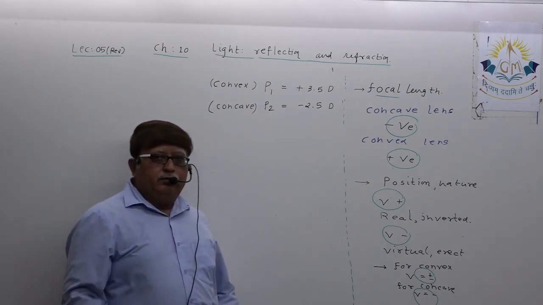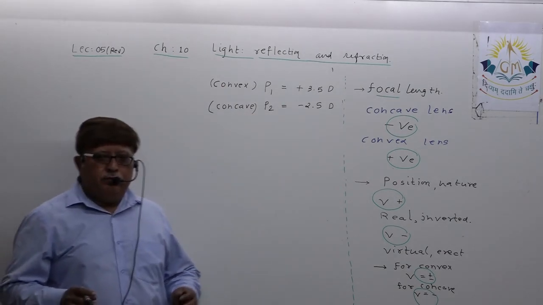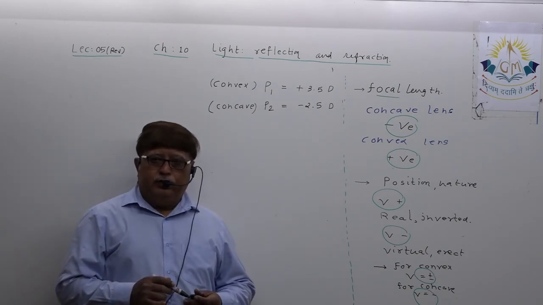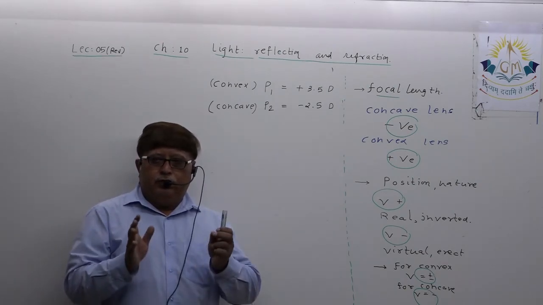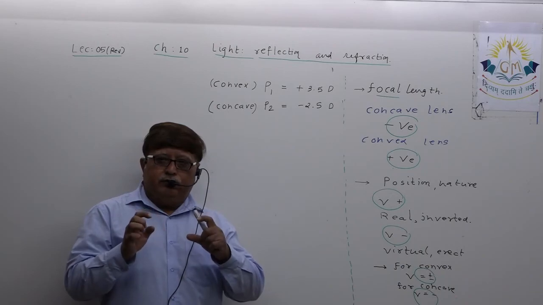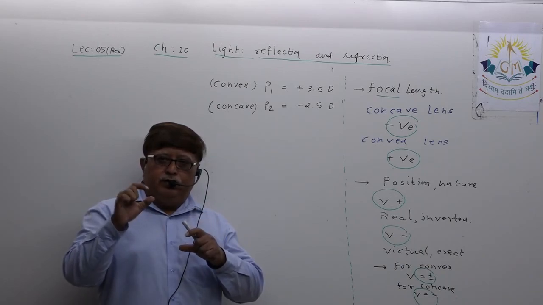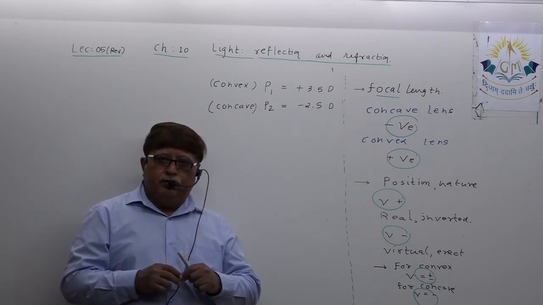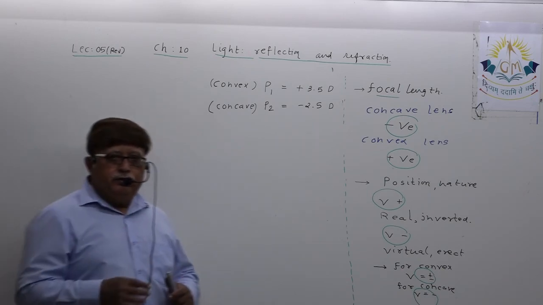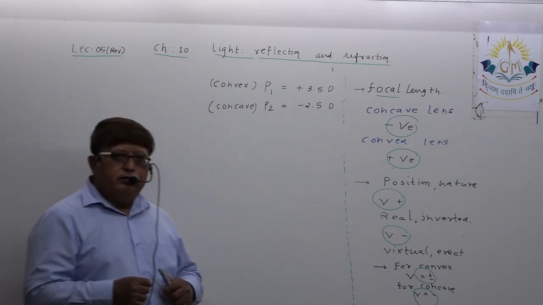So if you are designing some optical instrument, you are going to make an assembly of one convex lens and one concave lens to get the desired power of the assembly.